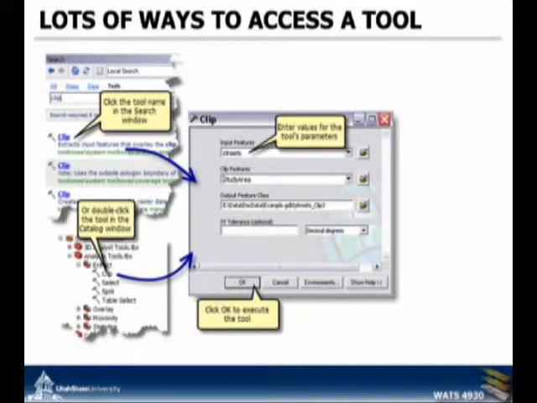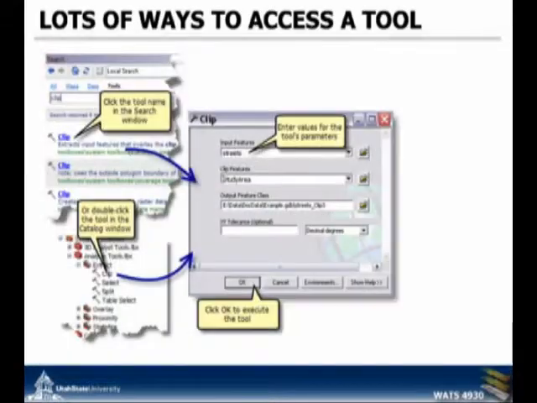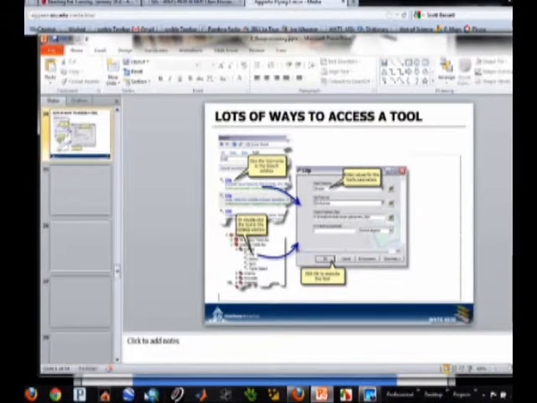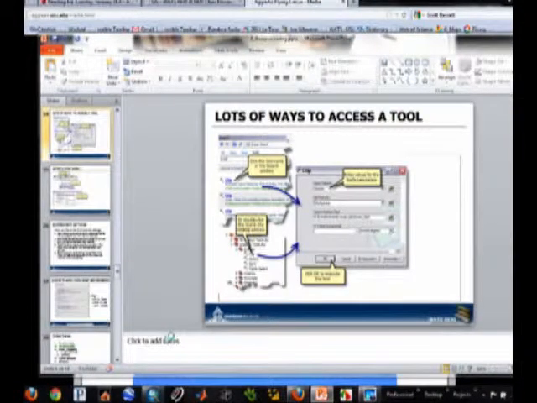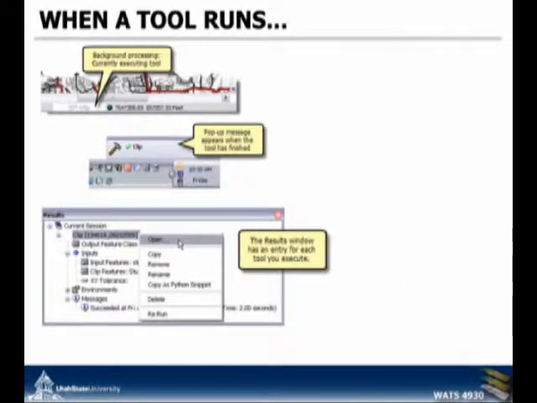And while I'm blabbing away here, I'm going to start up Arc again, because that will be a slow process, and then we'll be able to go back to it in a minute here. Okay. So we have to enter in parameters to run the tool, and then we hit OK to actually execute the tool, right? So that's geoprocessing.